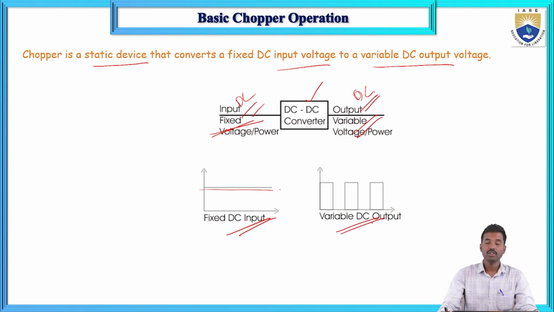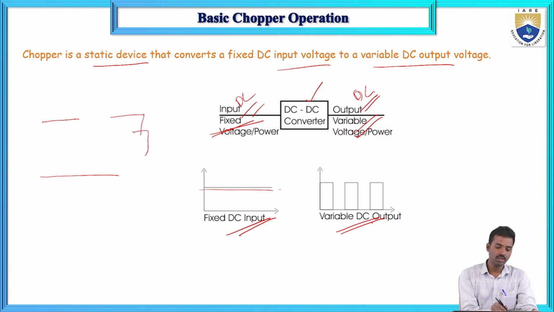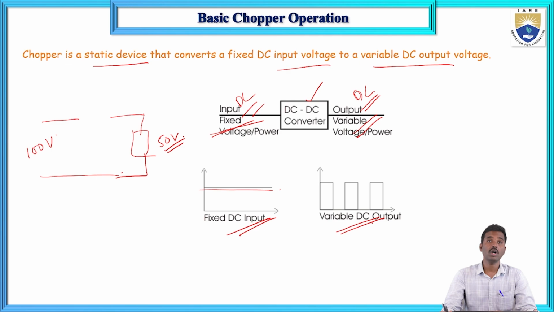Now, why do we need this chopper circuit? Here we have a circuit with a load, and suppose the input voltage is 100 volts. We need 50 volts at the output. How do we reduce it to 50 volts? By the conventional method, we insert one resistance R, so the resistance drops 50 volts.